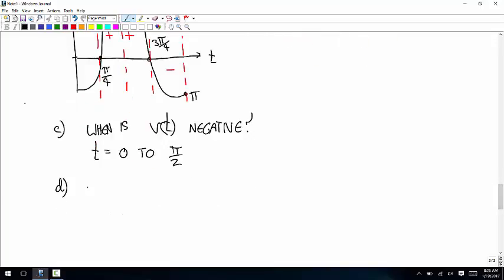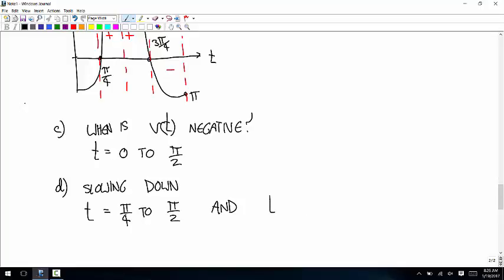So when time is between pi over 4 and pi over 2, it's slowing down.